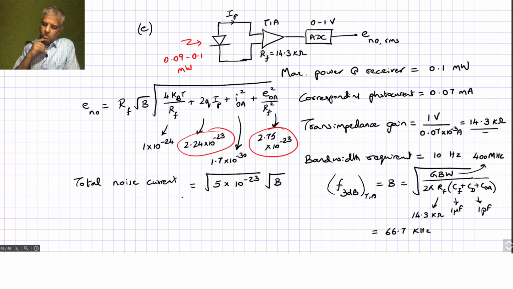so if you evaluate this, you will find that this is root of 5 into 10 power minus 23 multiplied by 6.67 into 10 power 4.